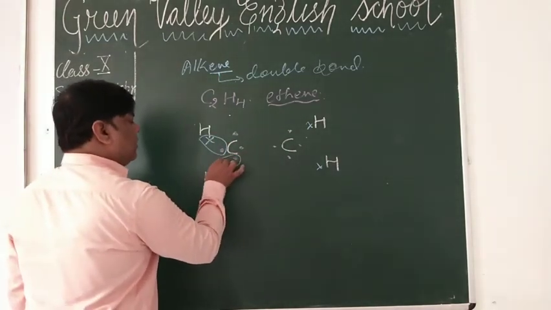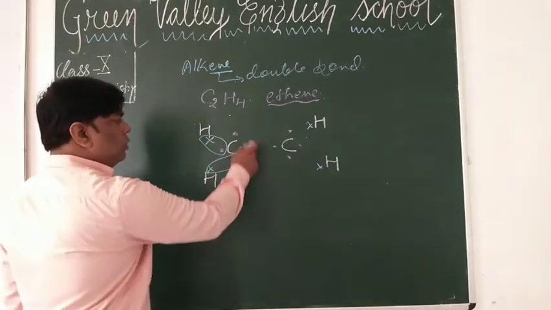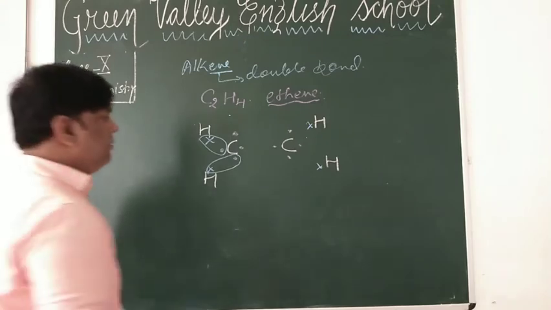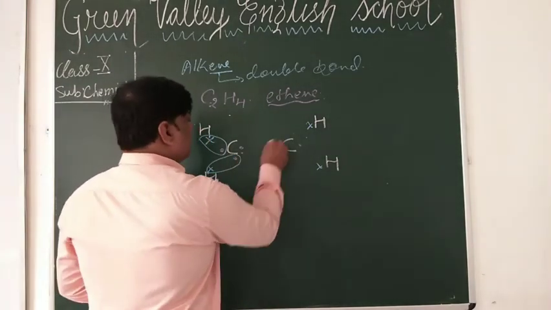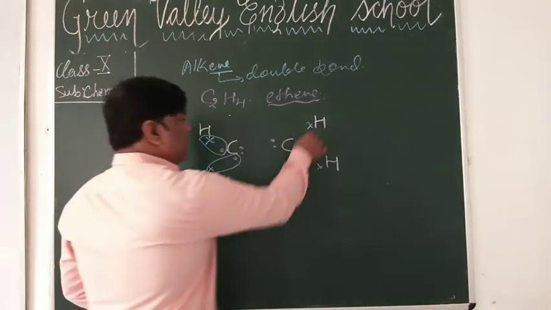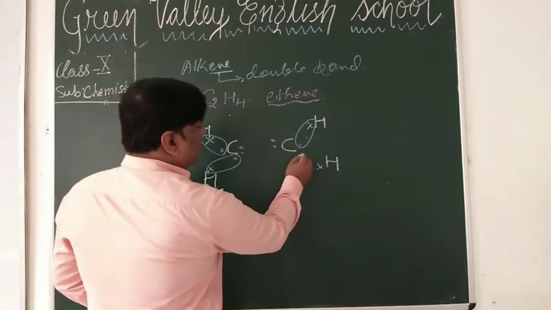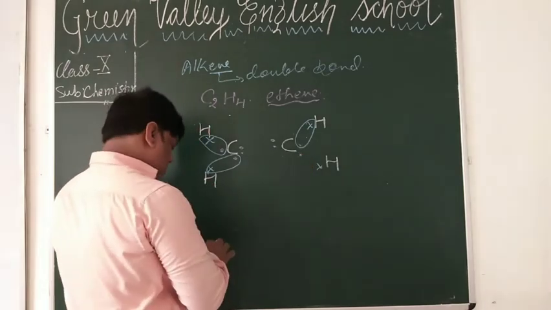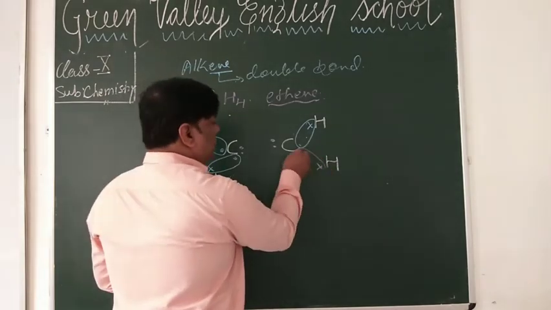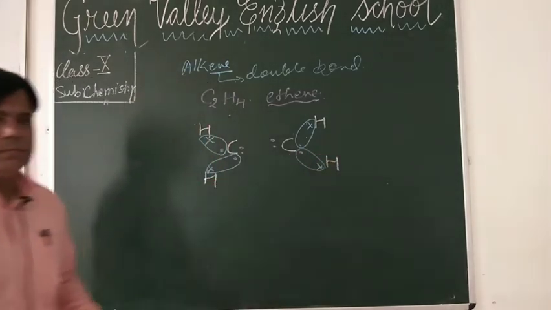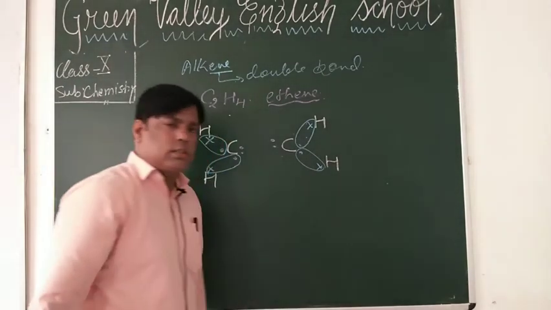For this hydrogen, it will take 1 electron of carbon, 2 electrons are left. Similarly, this hydrogen will make a single bond with carbon electron. So there are 4 electrons, and this will make single bond. Now duplet of hydrogen is completed.